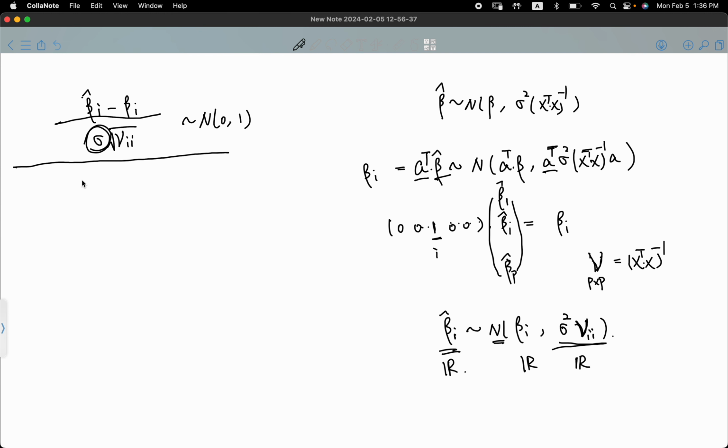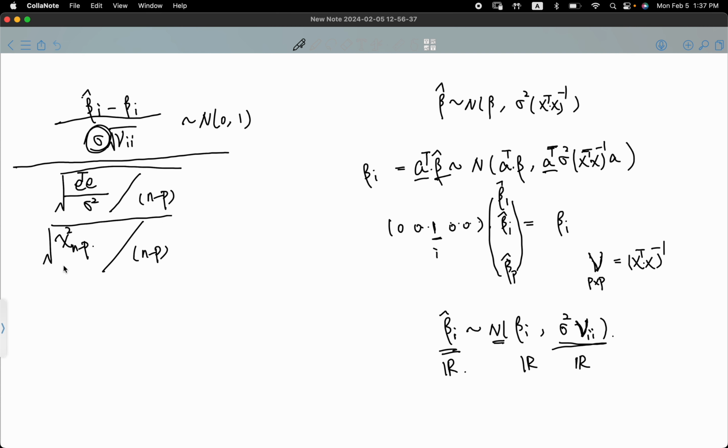And we have this E transpose E over sigma squared, which we know is a chi-squared with degrees of freedom n minus p, and then divided by its degrees of freedom, taking the square root. And we have chi-squared with degrees of freedom n minus p, over n minus p.